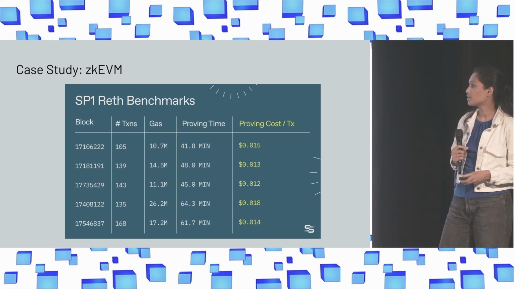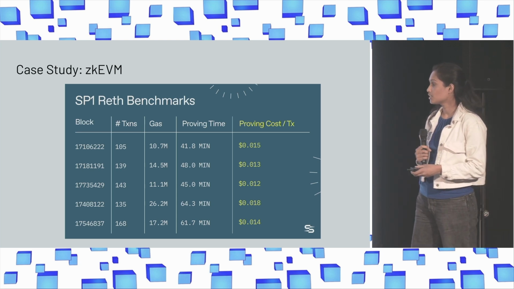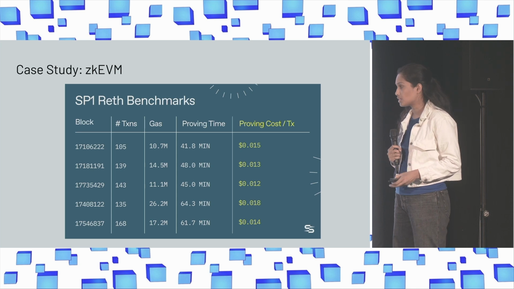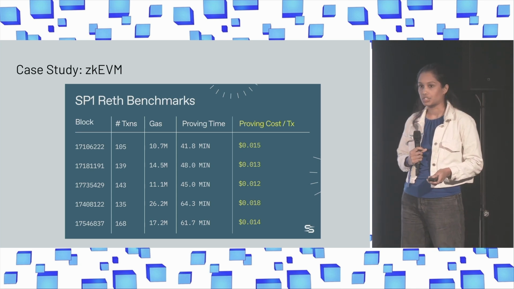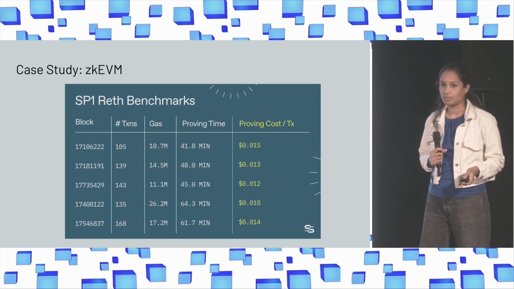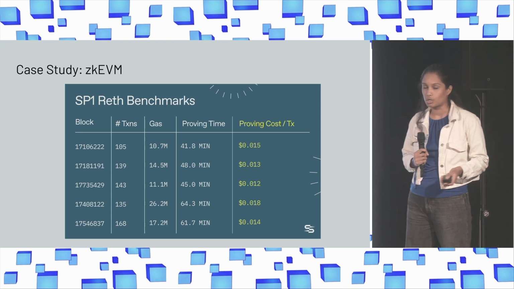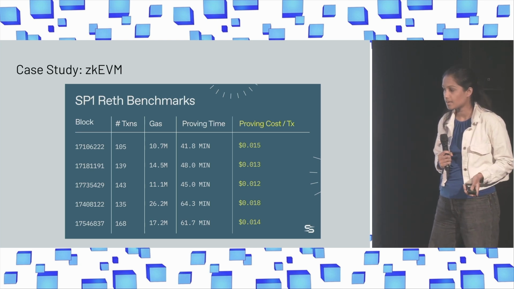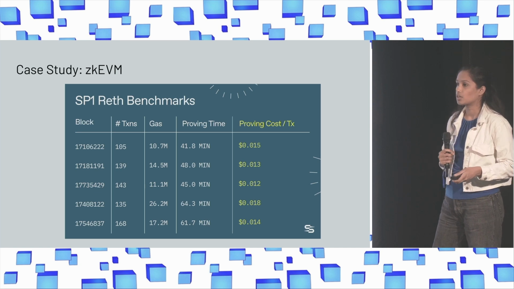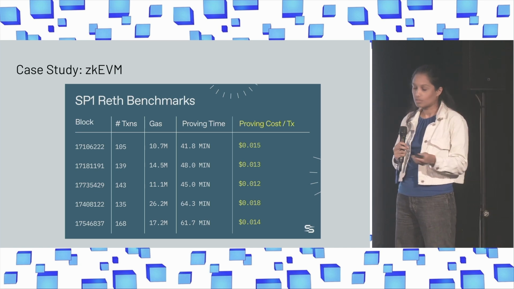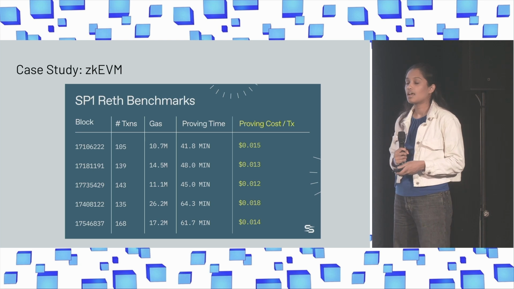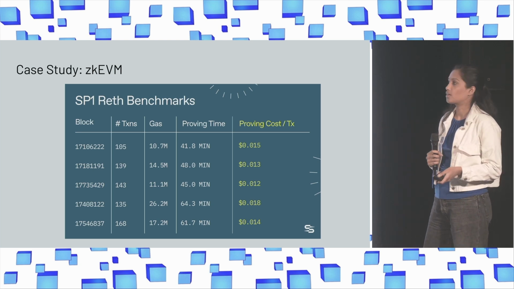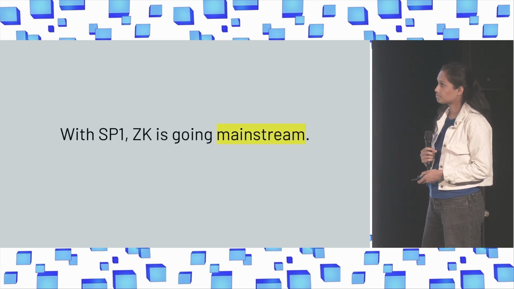And we found that the proving cost per transaction currently, and this is without the GPU stuff, which makes things better by a factor of 5, is around 1 cent per transaction. Already, that's getting pretty cheap, especially when you look at how much Ethereum rollups are paying to Ethereum for DA today. And so I think in the future, all rollups in the modular ecosystem will be built on top of these zkVMs, and they can customize their execution environment to whatever they want, which is really powerful.